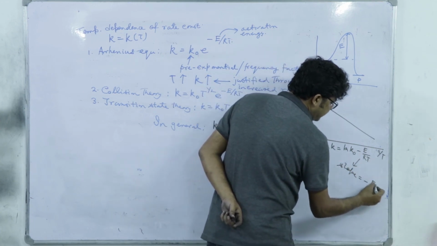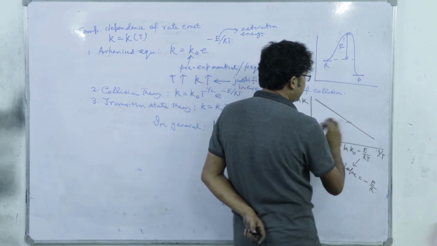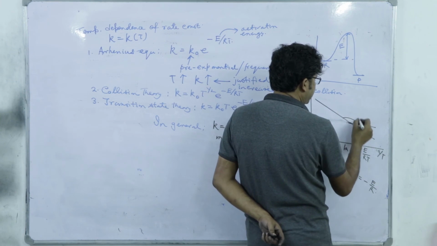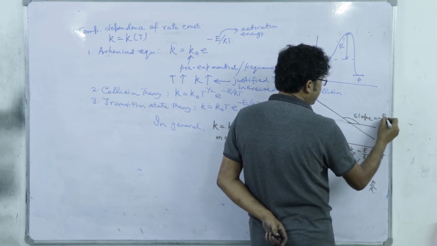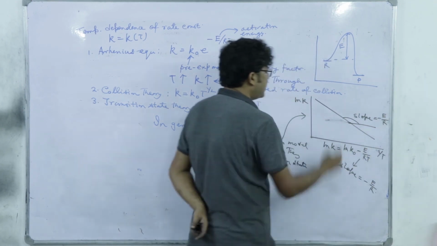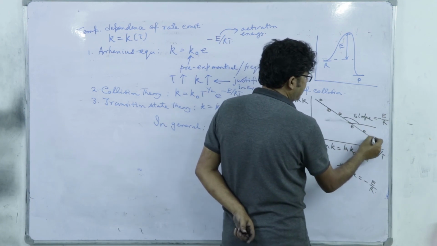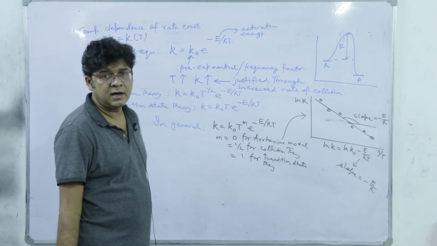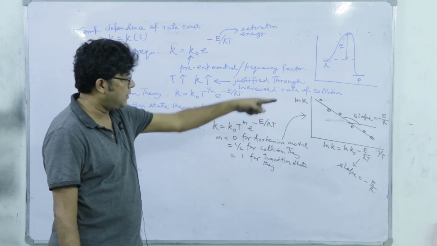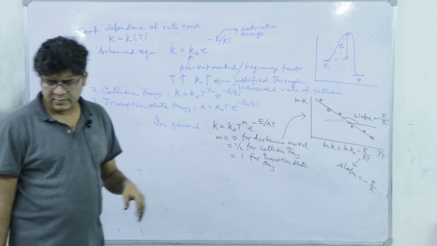So, the slope is minus of E by R. So, these are the data points, we have a fit, and we will get the slope to be minus of E by R. So, from this slope we can actually calculate the activation energy. So, that is all about the basics.